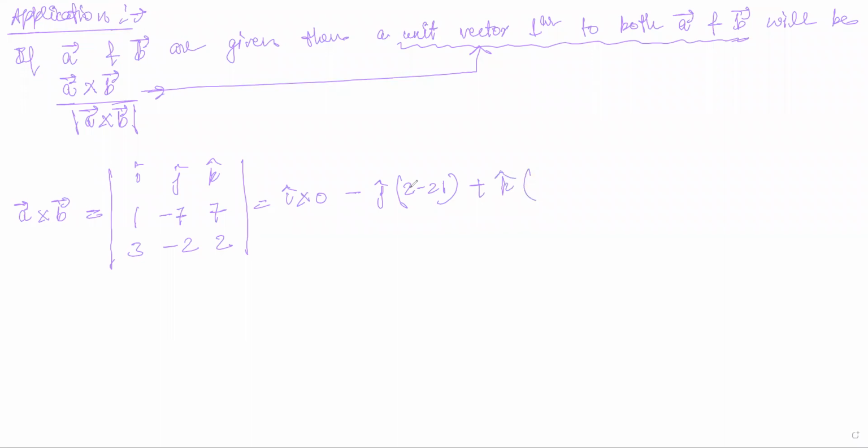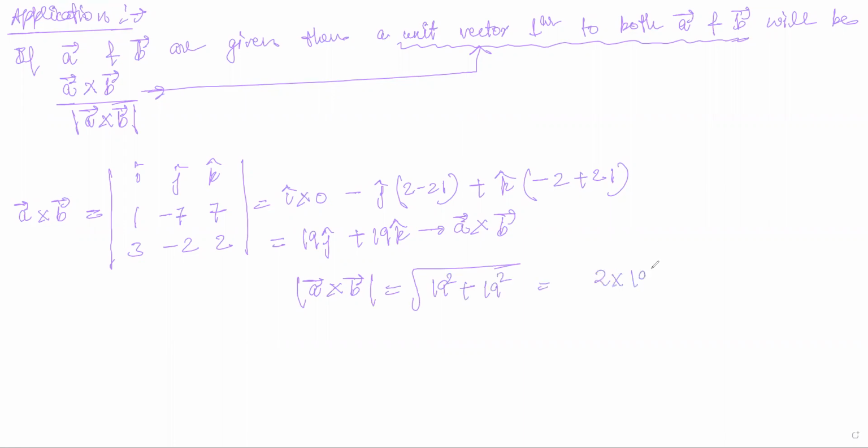Plus K, and this would be minus 2 plus 21. So this would be minus 19J plus 19K. Your A cross B would be this. You have to find the magnitude of A cross B. So that would be 19 square plus 19 square. So this would be 2 into 19 square, which would be root 2 into 19.